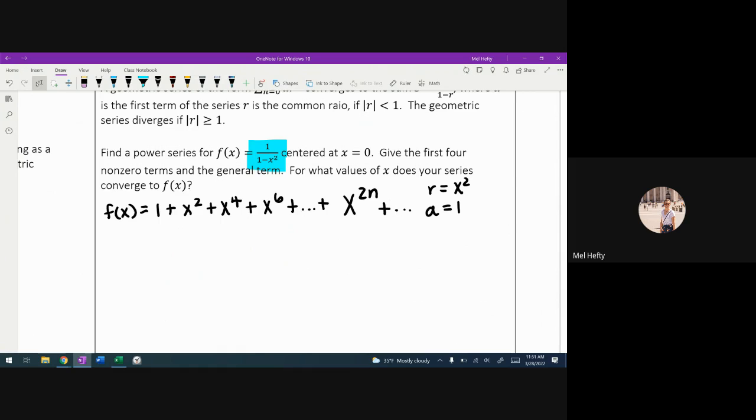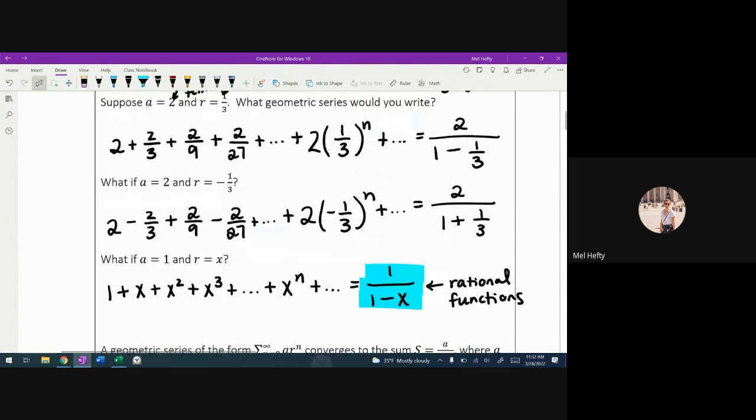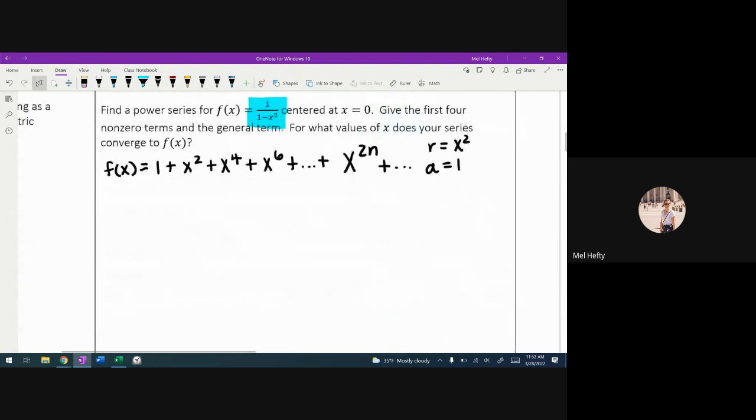That's a whole big thing that we can actually avoid because of what type of series this is. How did we build this type of series? What type were we working with where we multiplied by the common ratio? Geometric. When does a geometric series converge? When r is less than 1, or the absolute value of r is less than 1.